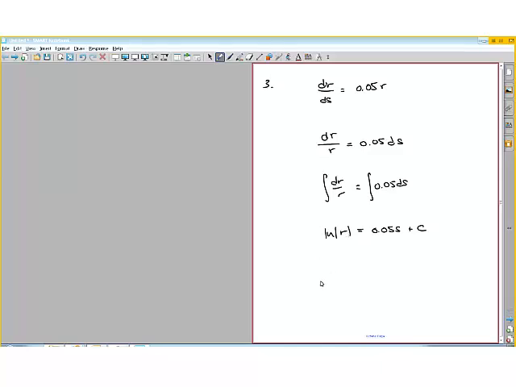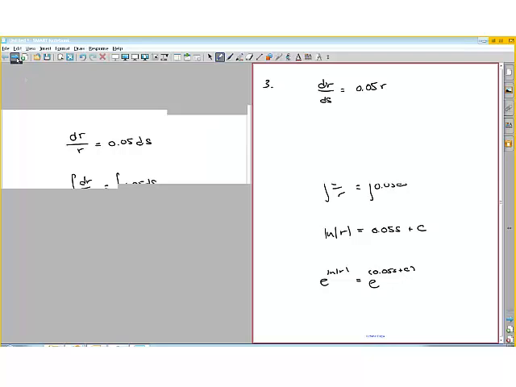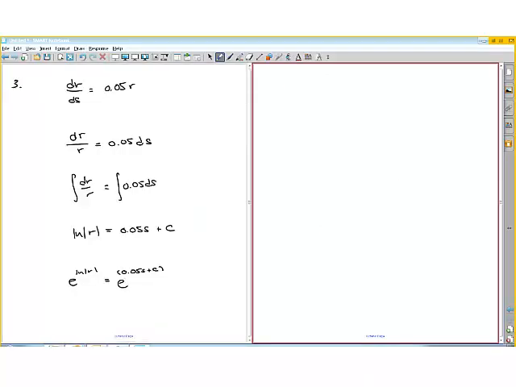So if we take e to the natural log of the absolute value of r is equal to e to the 0.05s plus c, this whole right-hand side is the exponent. When you take e to the natural log of the absolute value of r, it just becomes r. On the right-hand side, we can use the properties of logarithms to break that up into two parts.